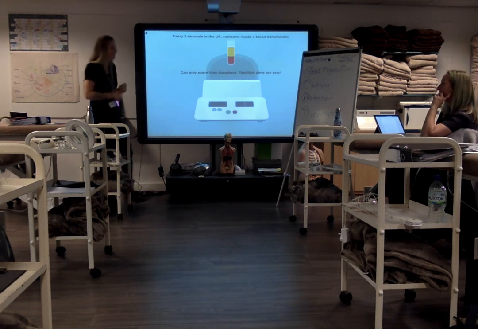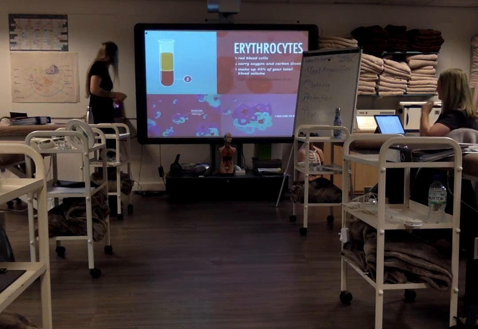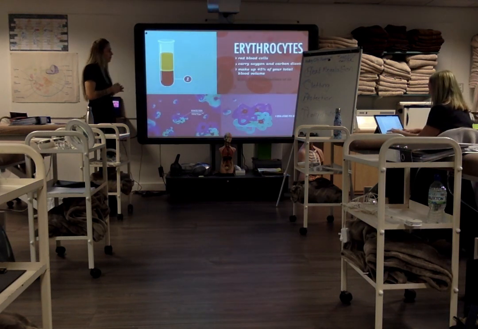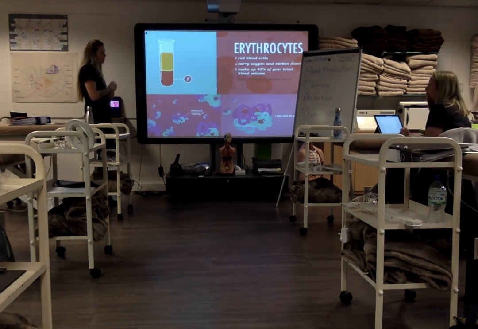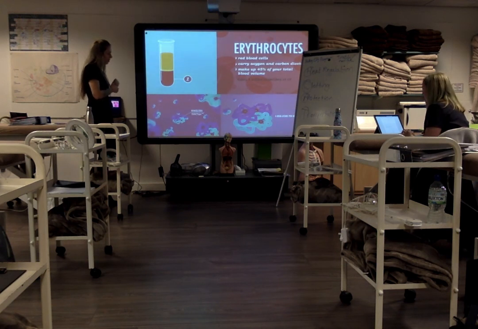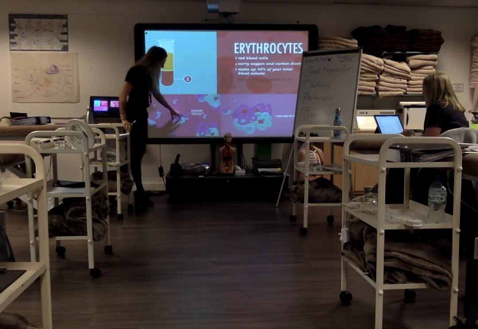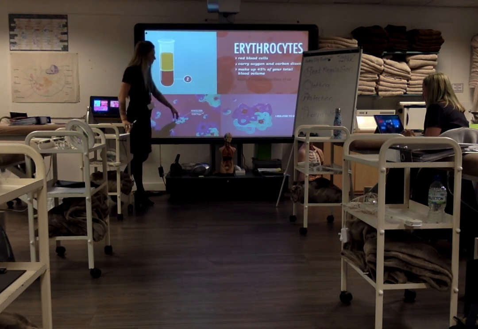So looking at when they separate it, you're looking at the erythrocytes. We know these are red blood cells. They carry CO2 and O2, and they make up about 45% of your total blood volume, hence why it's so red and rich. They carry about 1 billion molecules of oxygen. Hemoglobin is the protein molecule within there.